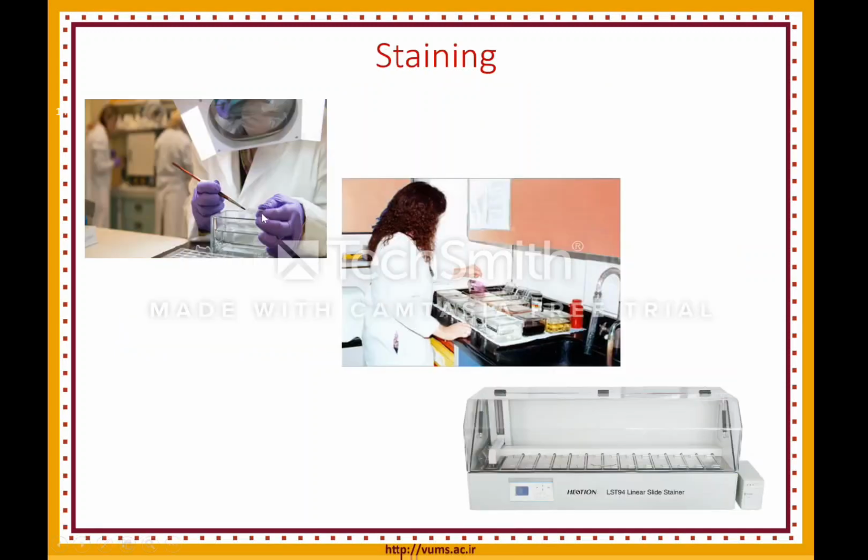and put them on the slide. You know, the slide is very thin glass. We attach the tissue to the slide with some glue, such as albumin and glycerin glue, and after that the staining is done in the laboratory.